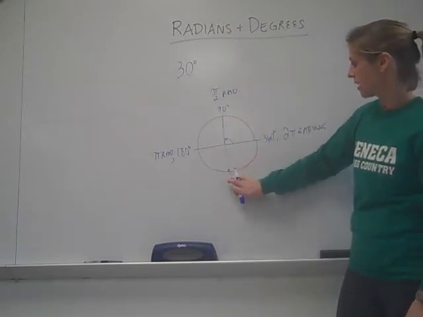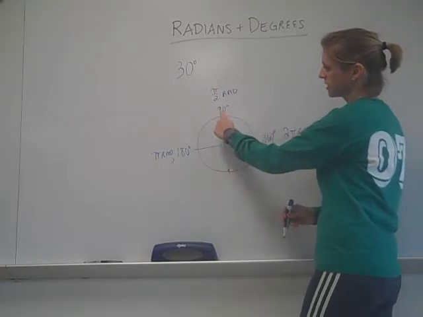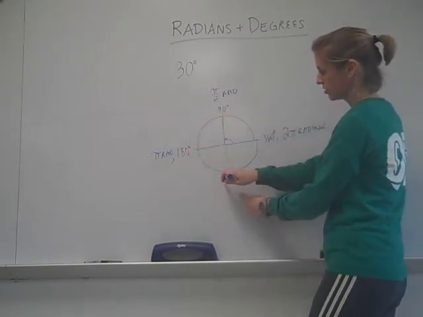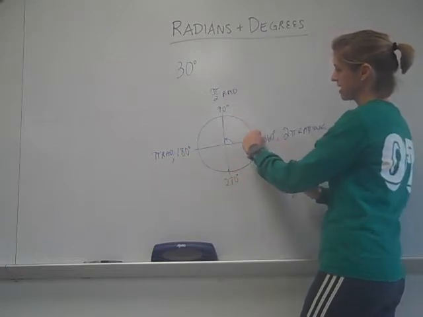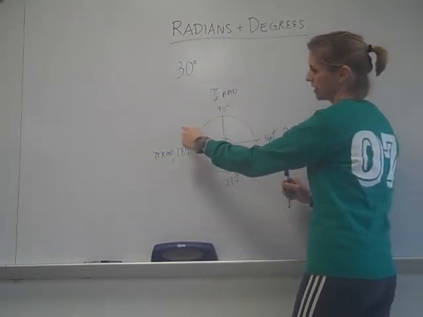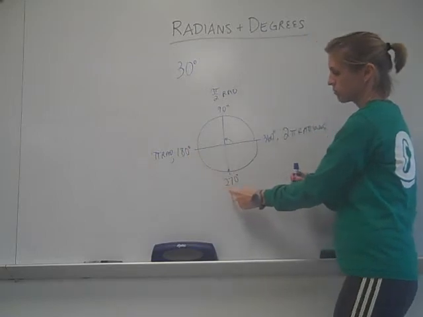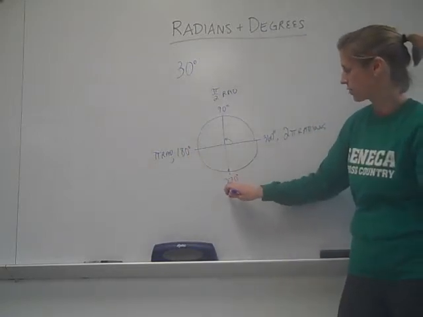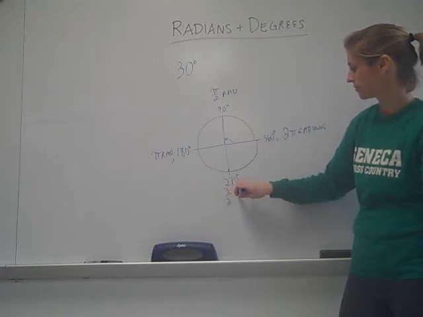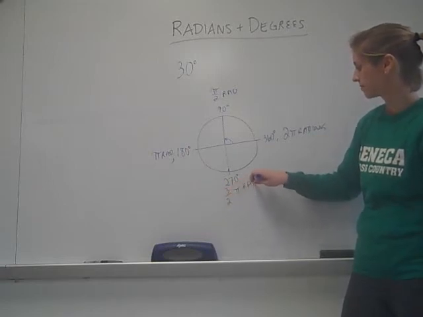Same thing down here, how many degrees? Well, this is 90, and this is 180, and this is 270 degrees, which is the same thing as, if this is 1/2 pi, and this is pi, this is going to be 1.5 pi, and this is 2. So this is the same as, we call it, 3/2 pi radians.